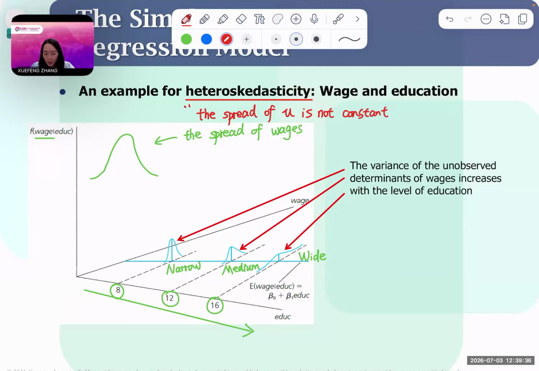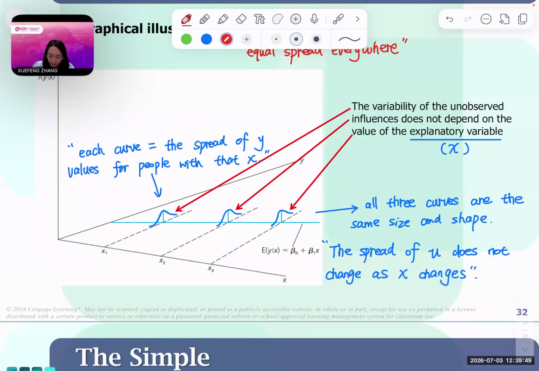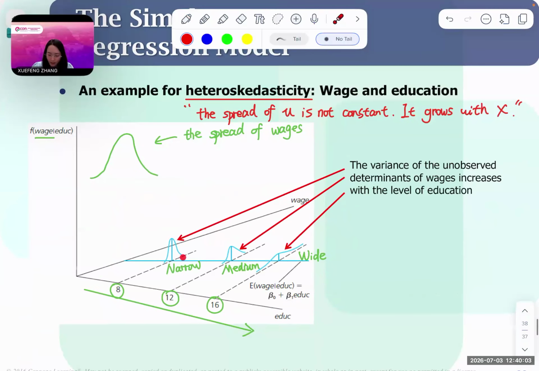It grows with x. Remember this graph? The spread of mu is constant, the same, the same, the same. That's why we call it homoscedasticity. But here, the spread of mu is not constant. We call it heteroscedasticity.